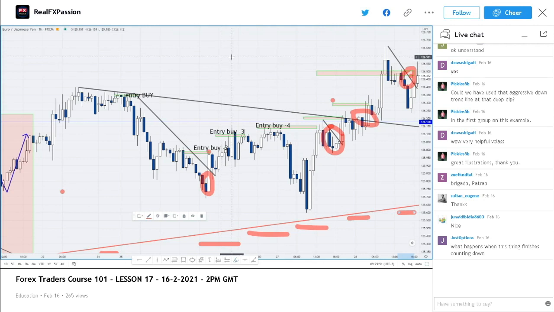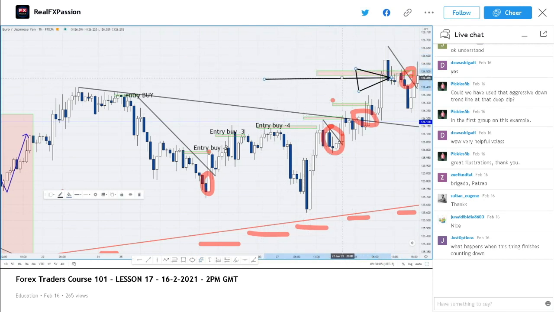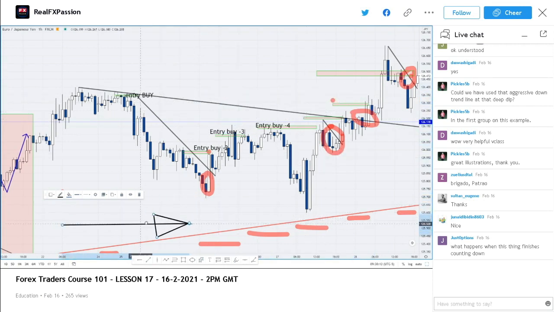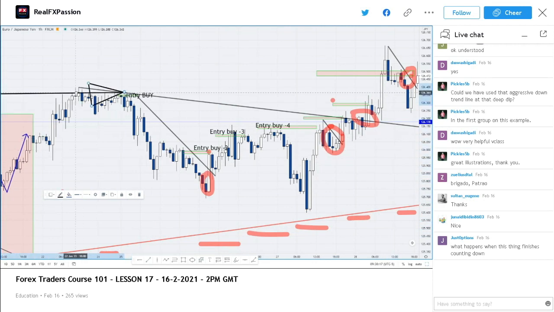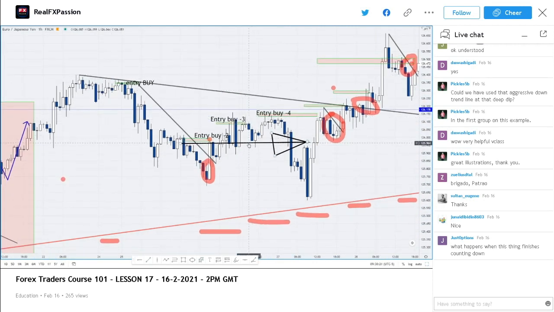Now here is the next level, everybody. This is for the beginner trader. When we come to this level, it's just an example. Let's say that we entered on all of this, or we entered 1 or 2, whatever. Once the trend line moves, we should adjust our stop loss on all our entries.